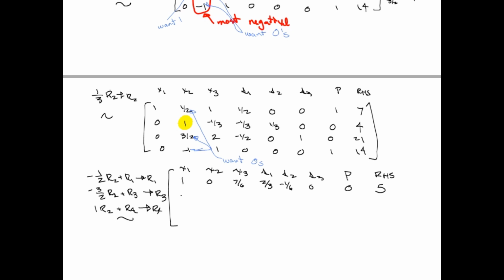Second row, we'll have 0, 1, -1/3, -1/3, 1/3, 0, 0, 4. Third row, 0, 0, 5/2, 0, -1/2, 1, 0, 15.